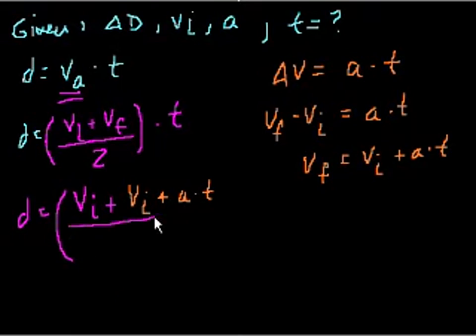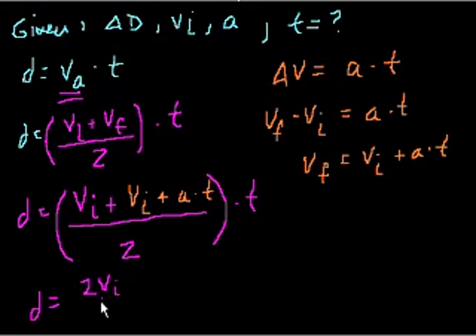And then we divide all of that by 2 times time. And so we get d is equal to, so let's see, we have 2 initial velocity, 2 Vi, plus at over 2, all of that times t.